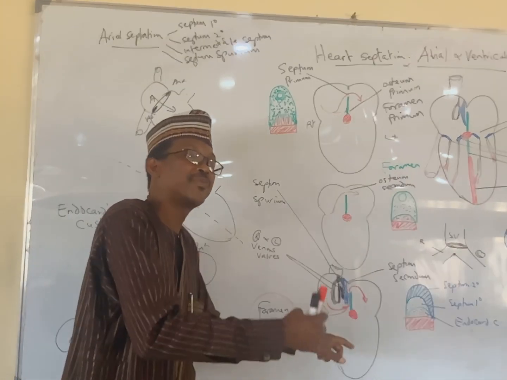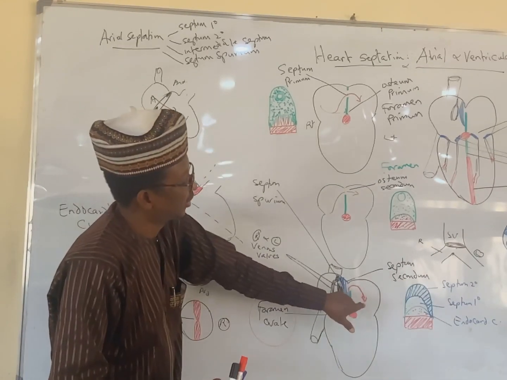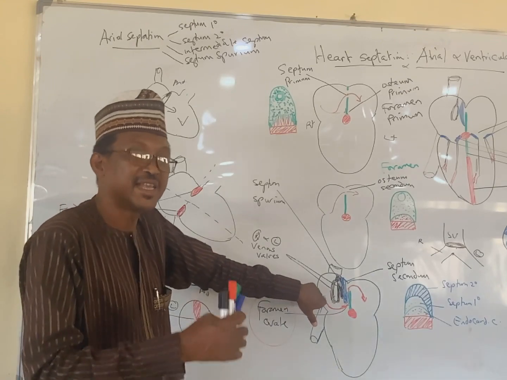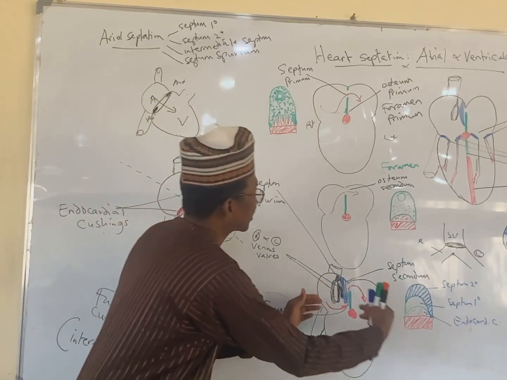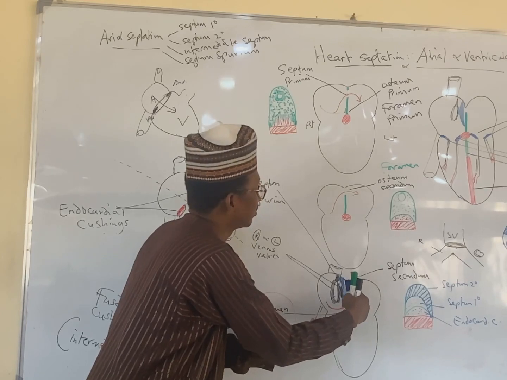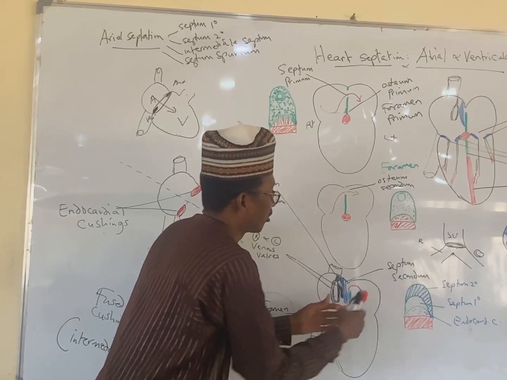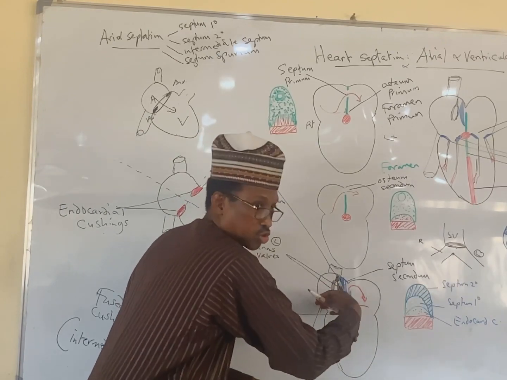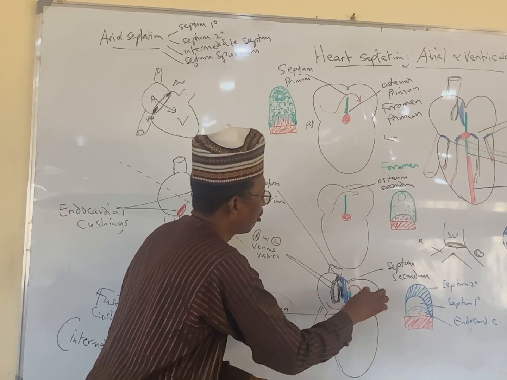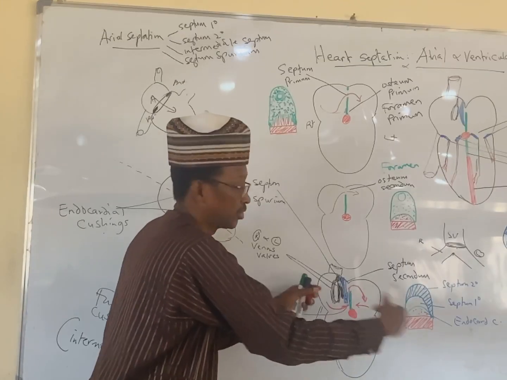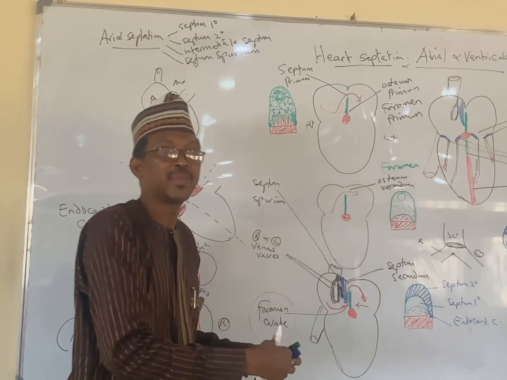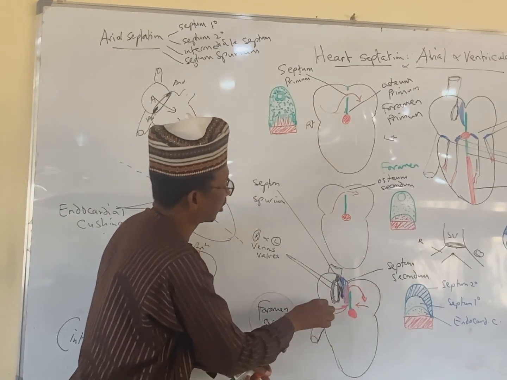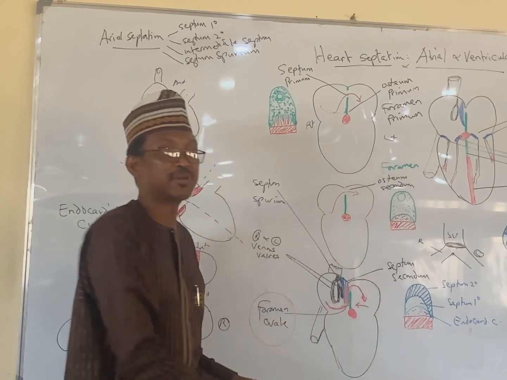But after birth, the reverse is the case, so that the pressure in the left side is higher than in the right side. So as soon as the baby cries, the first cry of the baby, the blood from the left side of the heart will now push this septum primum over the septum secundum so that they become glued together. They become fused together so that there will be no more gap, so that blood cannot go from the right into the left.